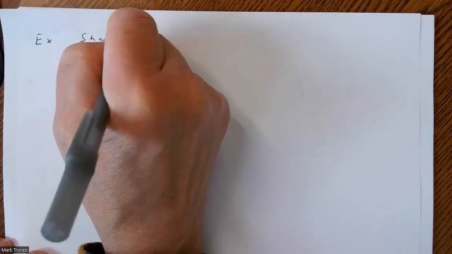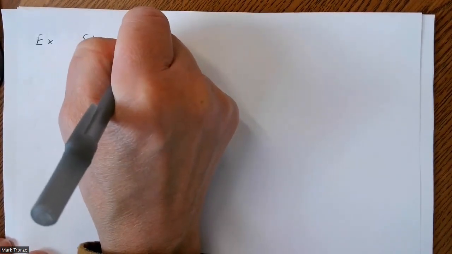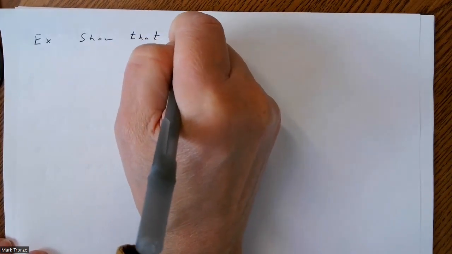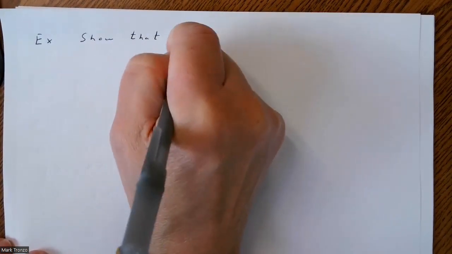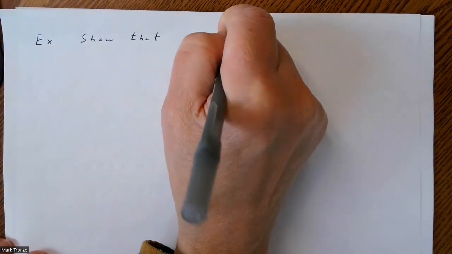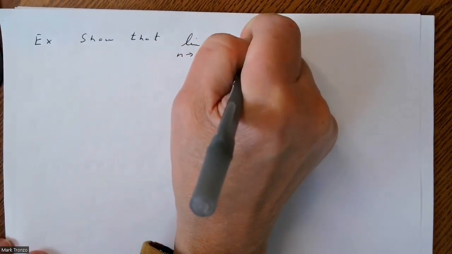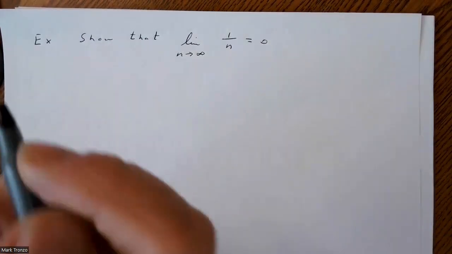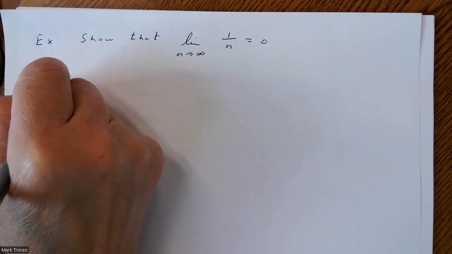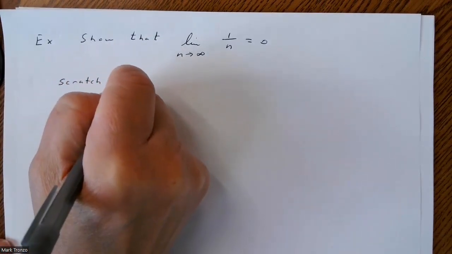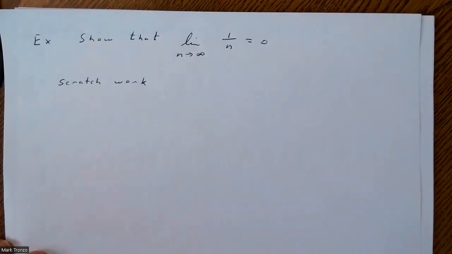So show, a lot of times if it says show or prove, that the limit as n goes to infinity of 1 over n is equal to 0. So a lot of times we do what you can sometimes call scratch work before you actually write out the proof.